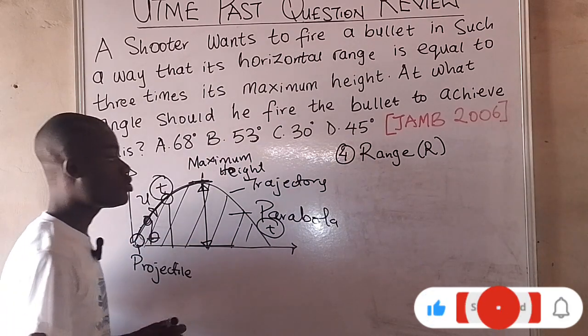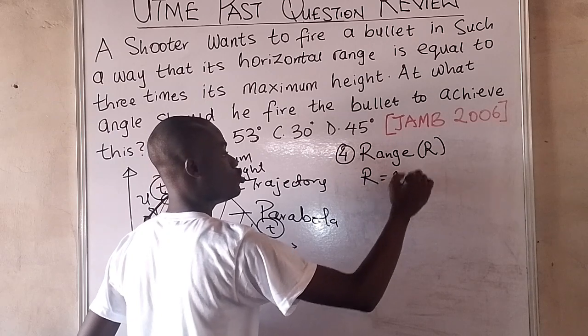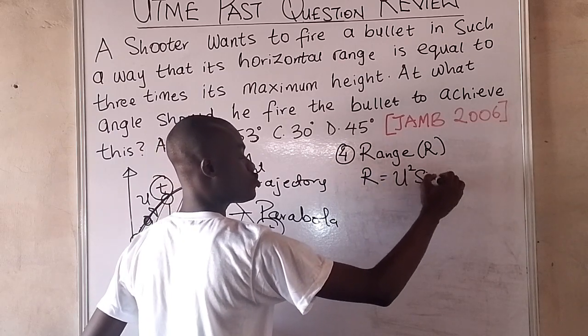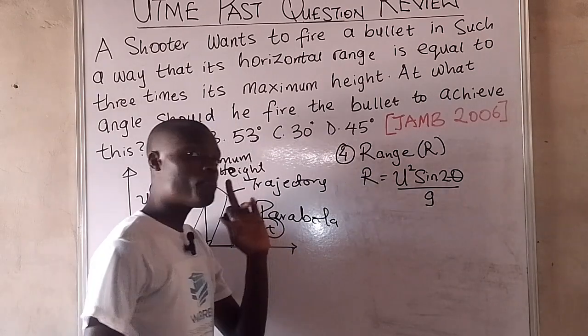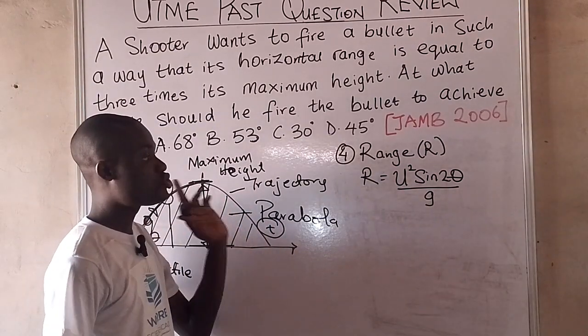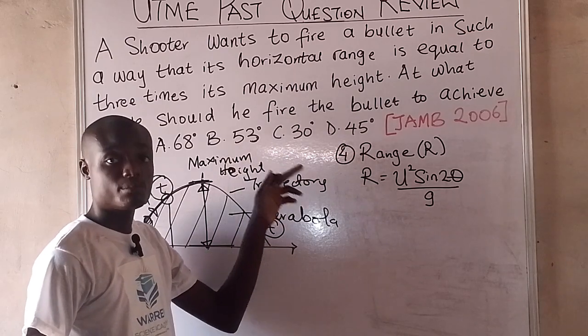Our formula for range, represented with R, is u squared sine 2 theta over g. The only formula that has 2g as denominator is the formula for maximum height.